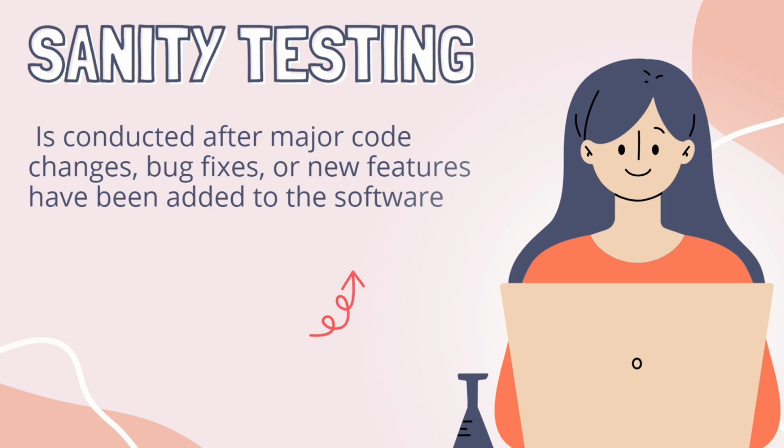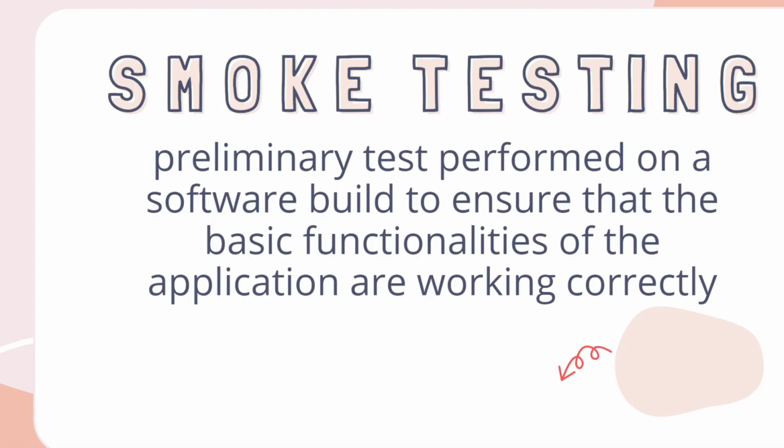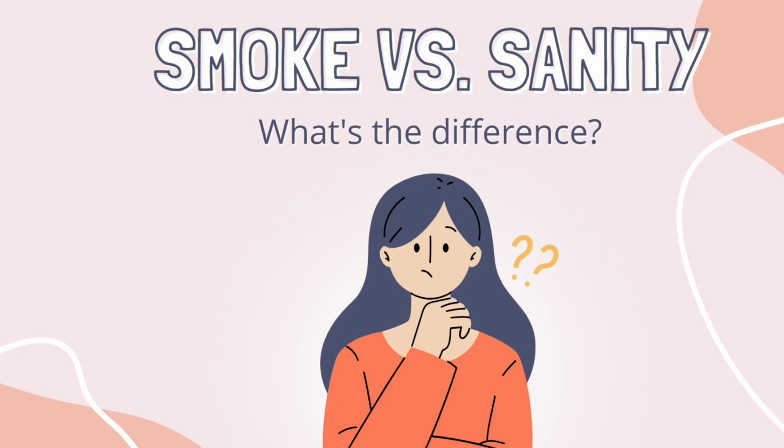So let's quickly understand the difference between smoke testing and sanity testing. Smoke testing is performed to ensure that the critical functionality of the program is working fine, and sanity testing is done to check that the new functionality or bug fixes work.